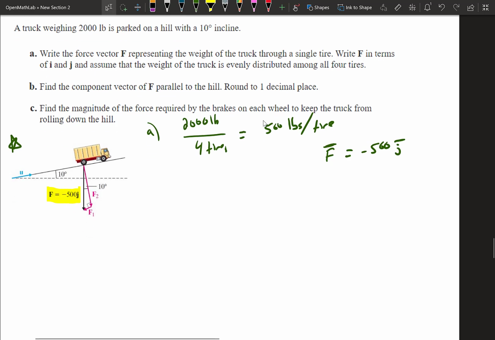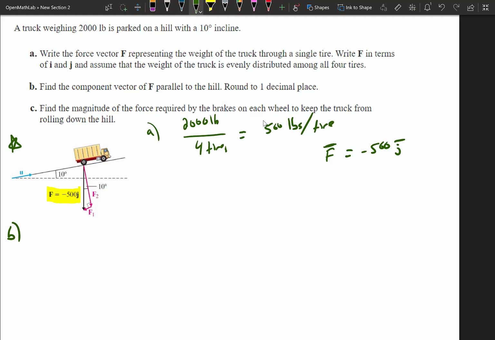So then part B says find the component vector of f parallel to the hill, round to 1 decimal place. So in other words, what we want to find is f1 from the picture.